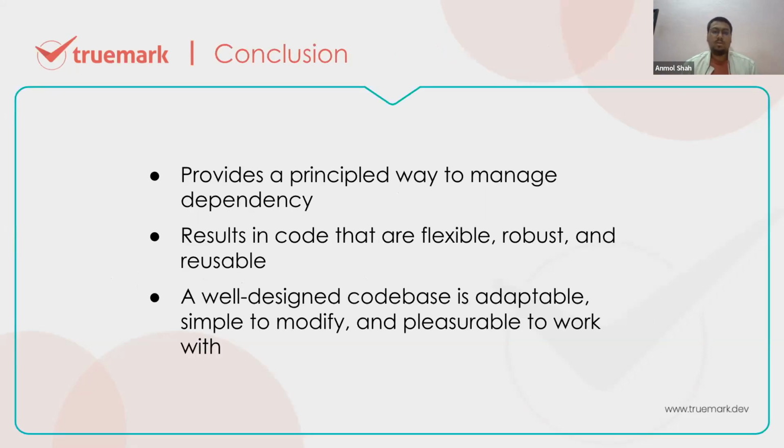Finally, the conclusion. Now the single responsibility principle provides us a principled way to manage our dependencies, because it is the S in SOLID. It helps us to manage our dependencies by helping us dissociate our code properly, and that results in code that is flexible, robust, and reusable.